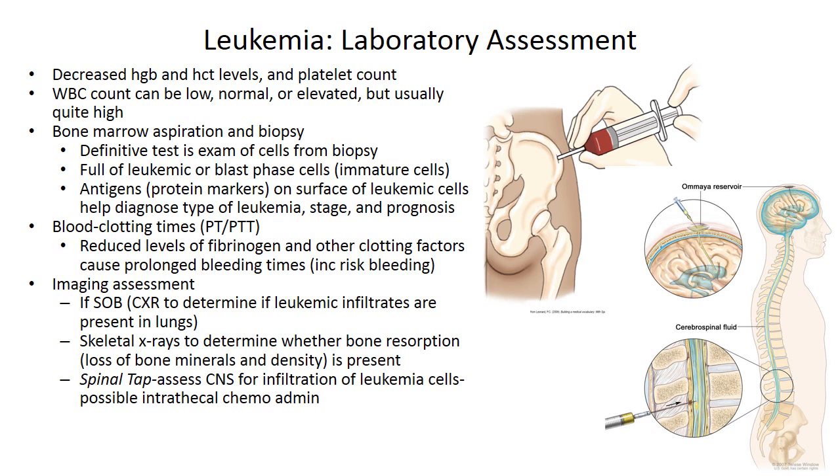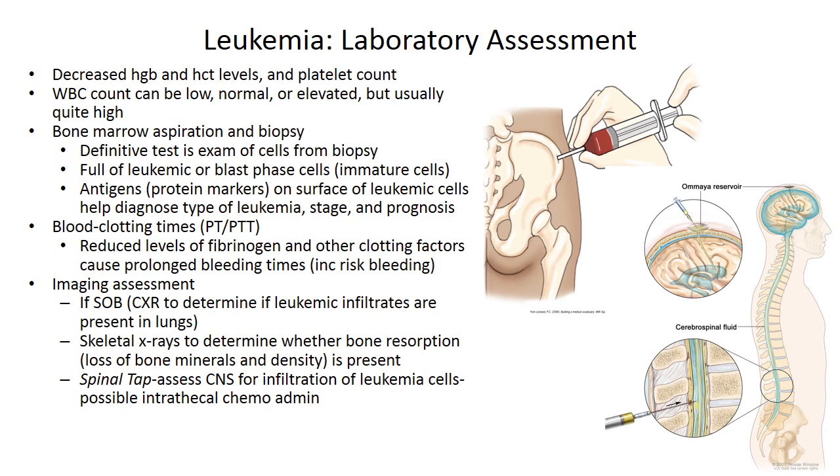Bone marrow aspiration and biopsy is the definitive test for deciding whether or not a patient has leukemia. So we do a bone marrow aspiration and biopsy, and then we determine whether or not the leukemic cells are in that biopsy fluid.